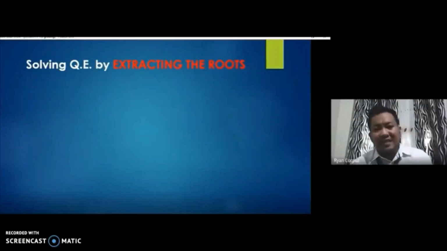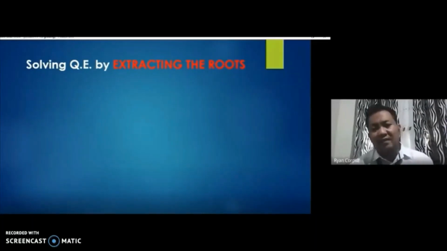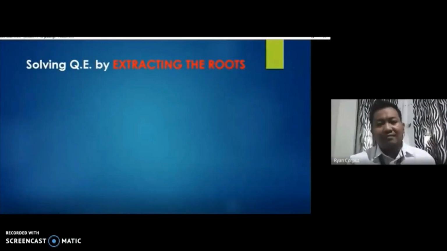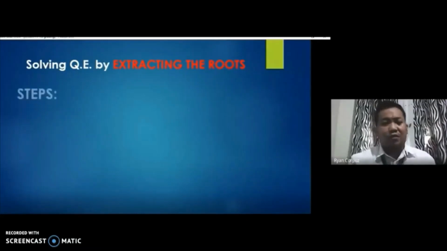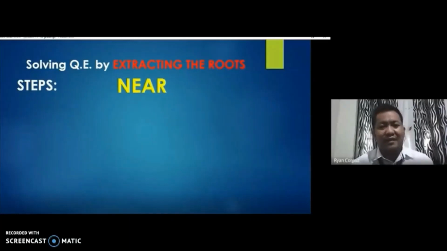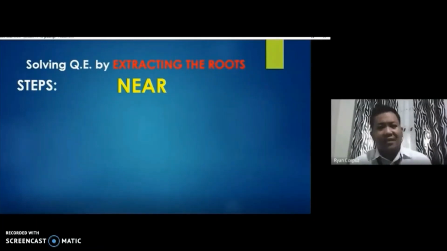I hid these steps in an acronym, which is what we call NEAR. The letters NEAR are the steps in solving a quadratic equation by extracting the roots.